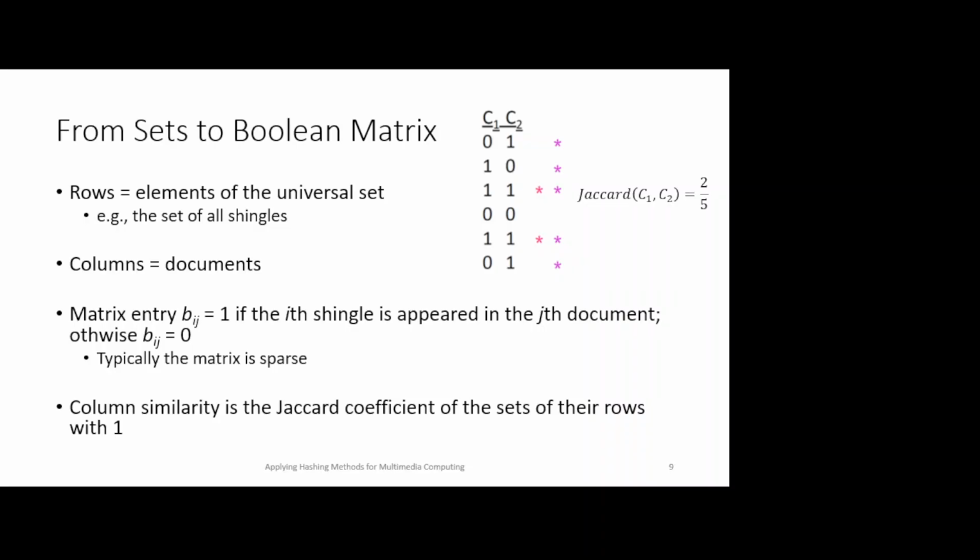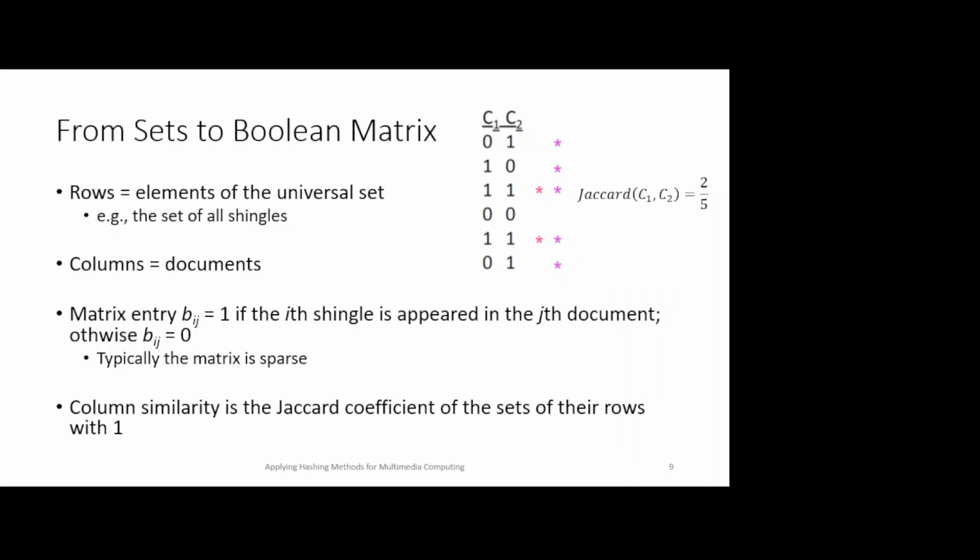In the definition, the intersection can be calculated by checking whether a shingle appears in both documents. For example, the third shingle appears in both documents. Their intersection is the third shingle and also the fifth shingle, so their intersection is 2 here.